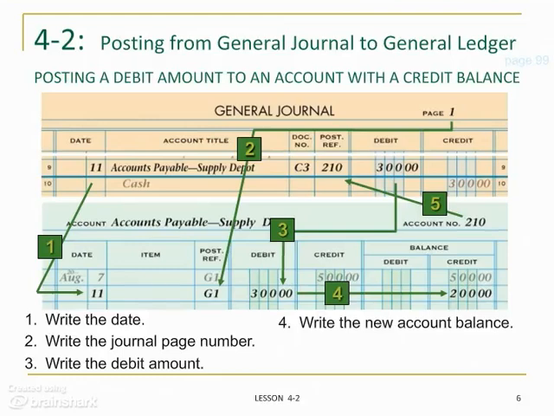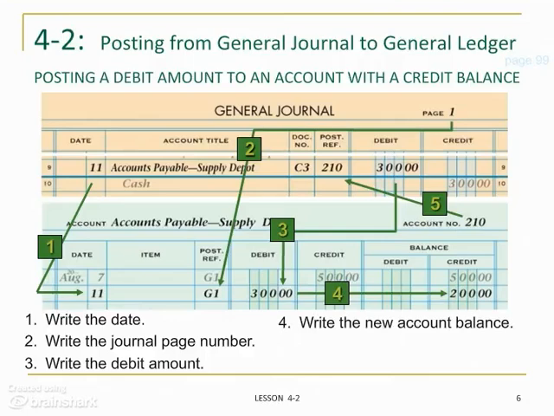But if you notice in the balance column, our balance just went down by $300 because the normal balance for the accounts payable account is going to be on the credit side. So if we did a $300 debit to the accounts payable, that would mean that we reduced the amount that we owe by $300.